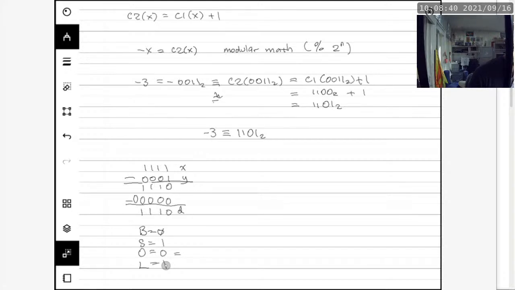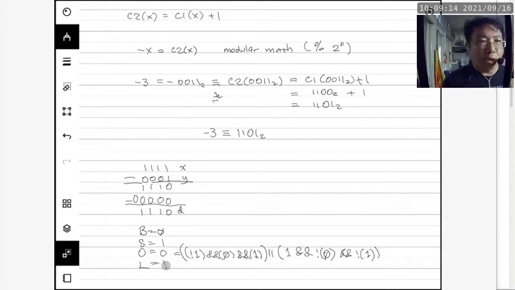So X is, so not 1, and the 0 here and the 1 over here, the whole thing, or 1 non-negated and the negated Y and the negated D. That is the expanded version of overflow in this case.